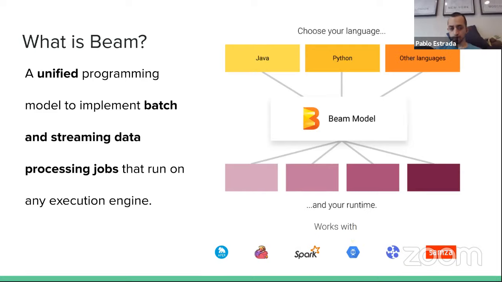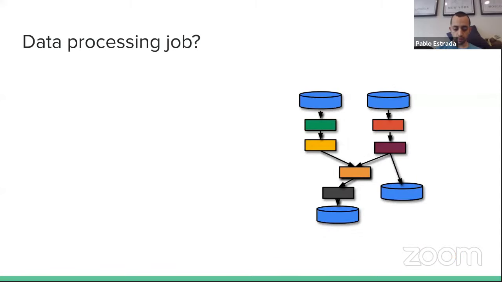And so what do we mean when we say a data processing job? A data processing job is normally a series of operations that you define in a program where you say, okay, I want to read data from some storage system, and I want to apply certain transformations to it to obtain some insights or some actions that I can execute from it.